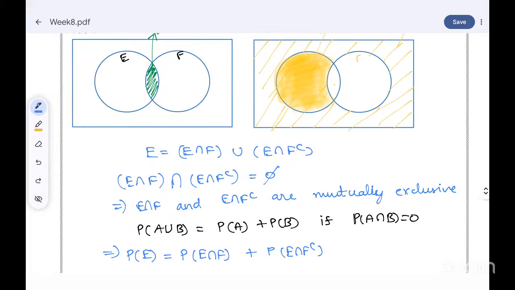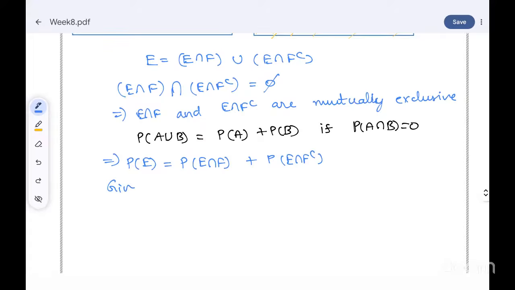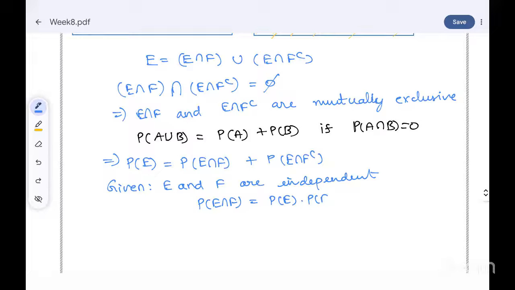Okay. Now, given that E and F are independent, what do you know? P of E intersection F is equal to probability of E into probability of F, right?